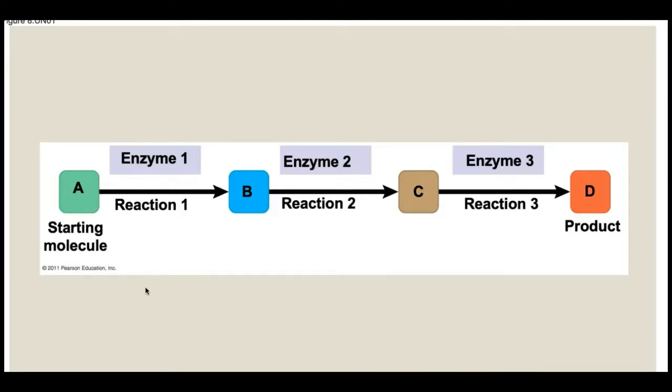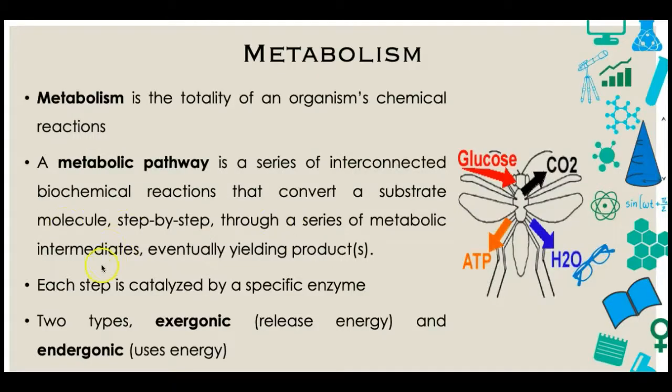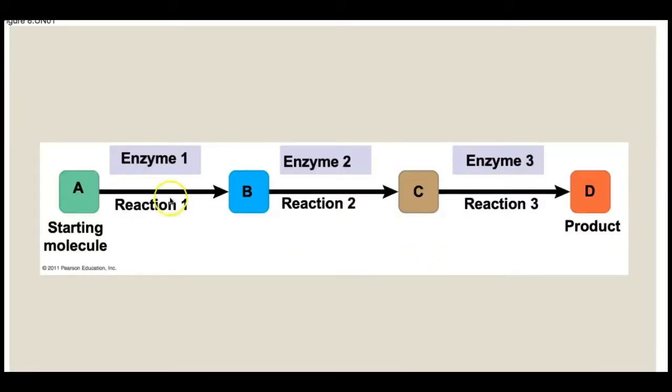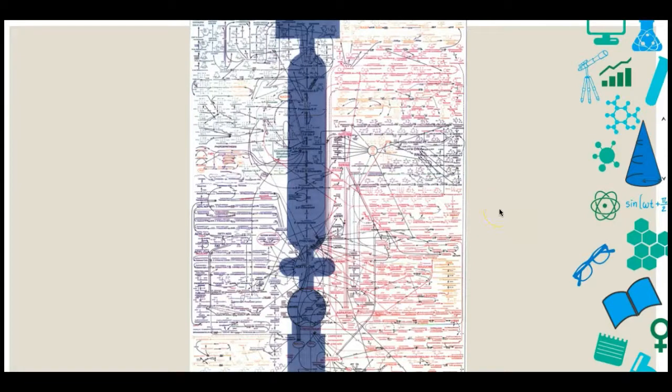Remember when I said that each step is catalyzed by a specific enzyme? A starting molecule will undergo 3 reactions that will be catalyzed by 3 different enzymes, each specifically used for that reaction. And here is the overall metabolic pathways in our body.